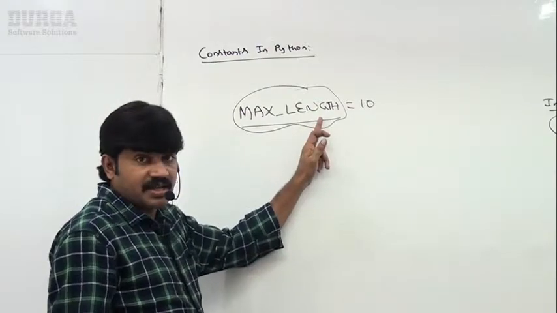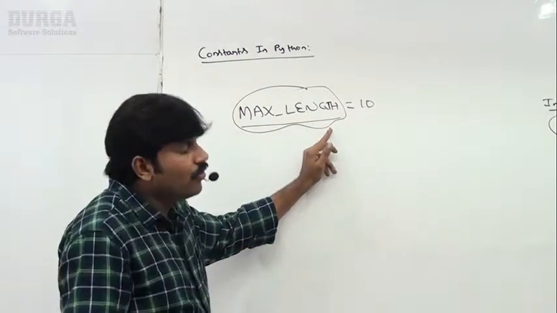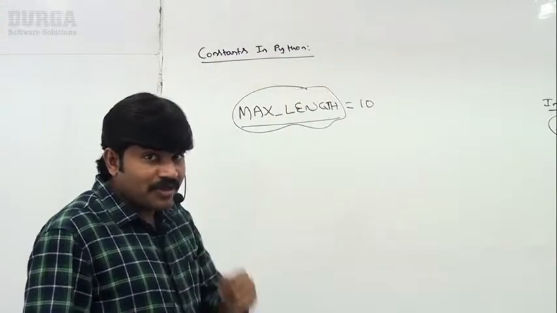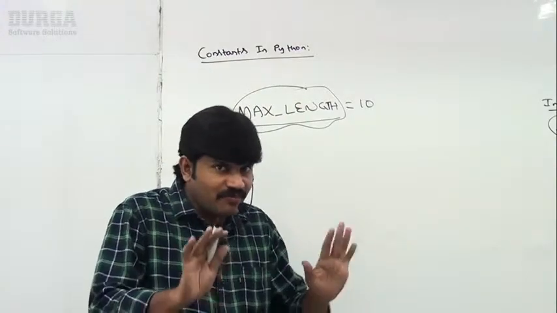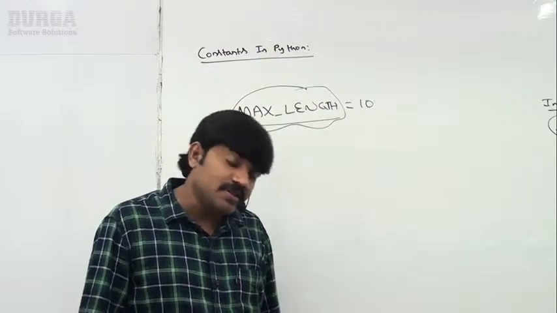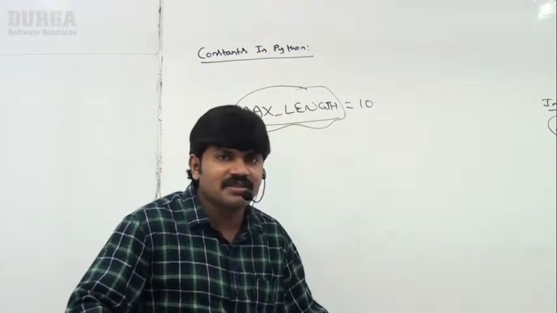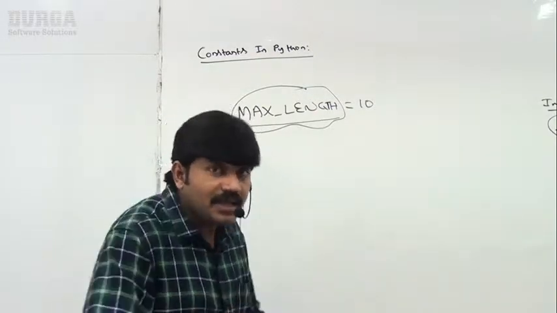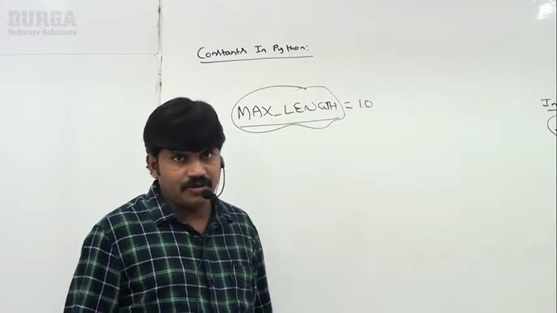It is the convention that it is a constant value, but make sure it is simply a coding convention. If you want, you can change the value also. Just a convention is there, but the concept is not really implemented internally.